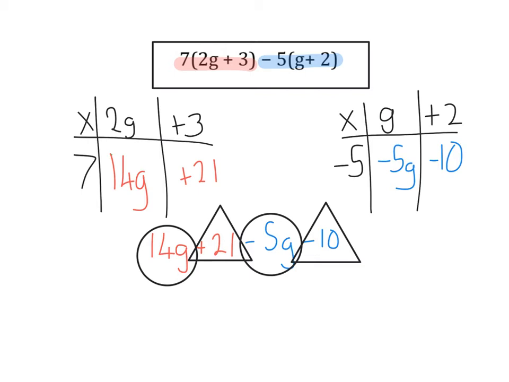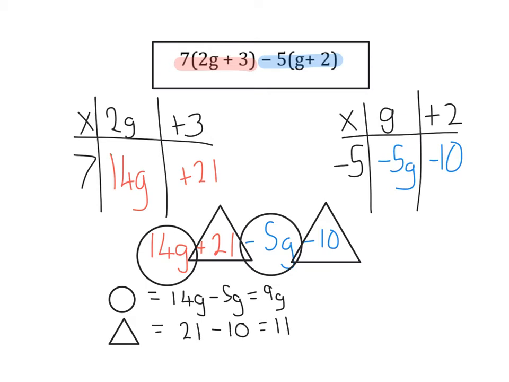So I've got my circles, which was 14g, take away 5g, which is 9g. And I've got my triangles, which is positive 21, or just 21, take away 10, which is 11. So altogether I've got 9g, and it's positive 11, so it's add 11.